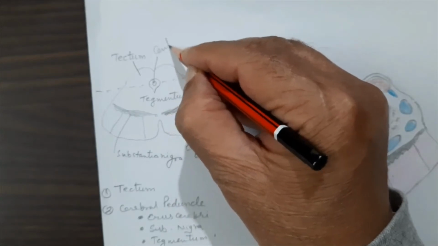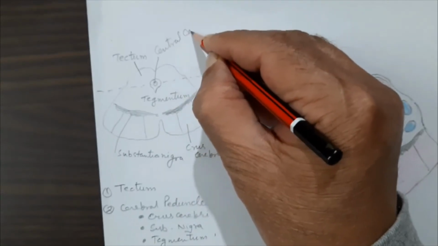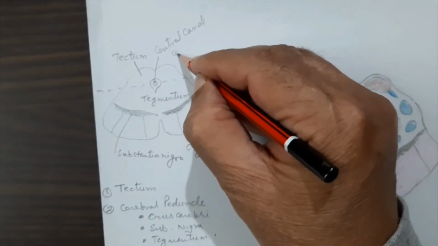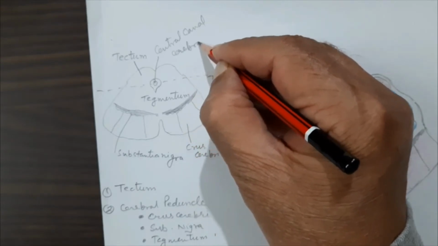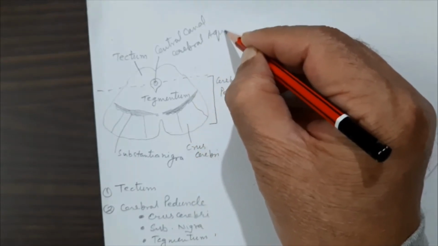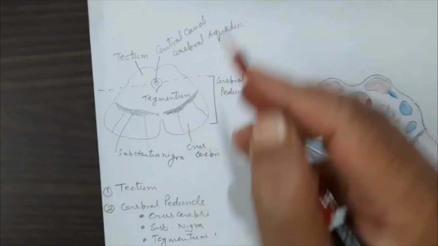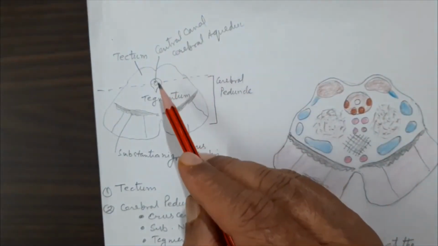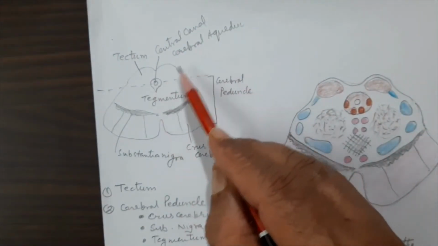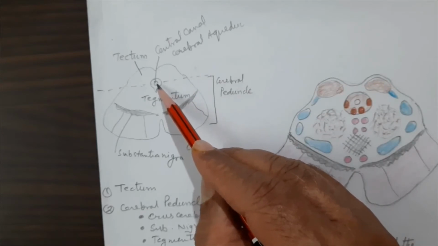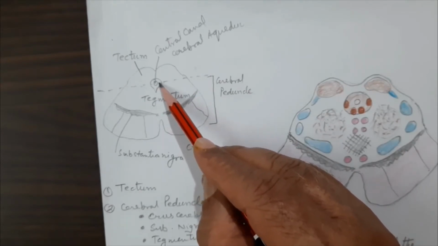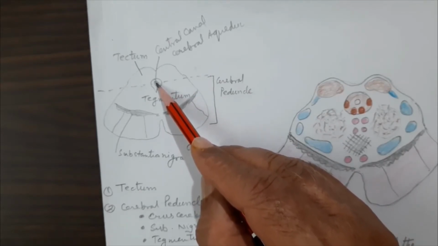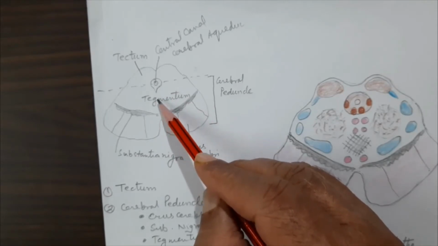So this is the central canal, which here we call the cerebral aqueduct. Don't call it the central canal, but call it the cerebral aqueduct, which is the canal connecting the third ventricle above with the fourth ventricle below.